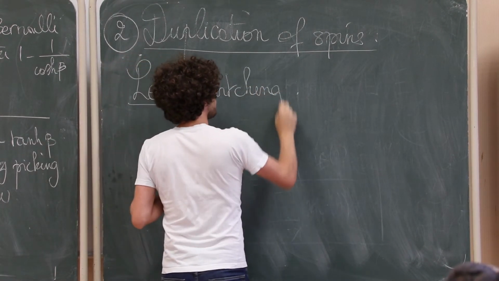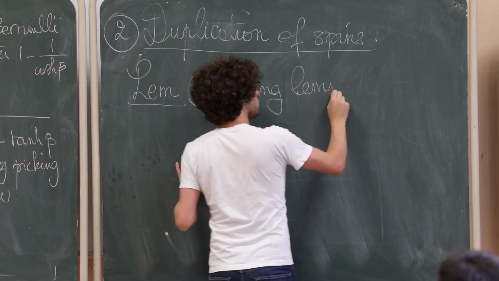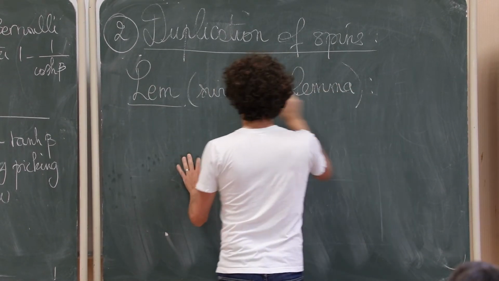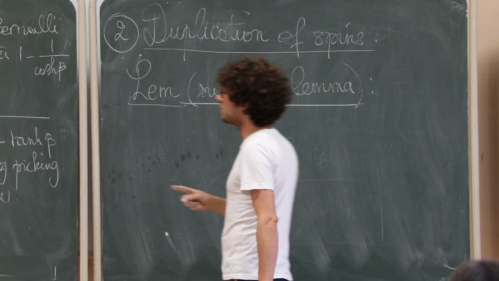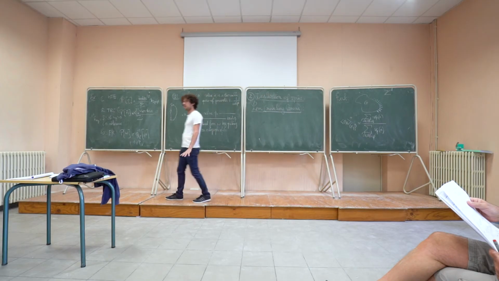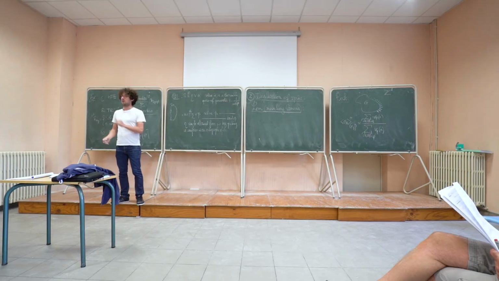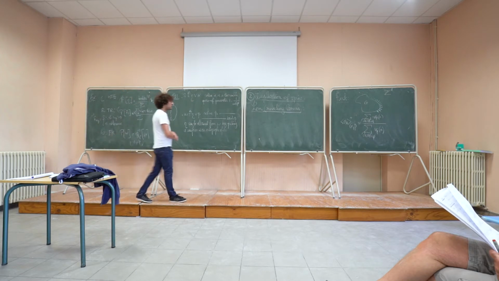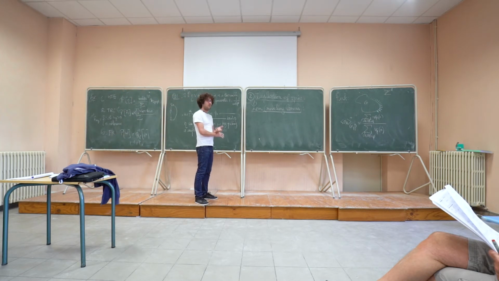So as I said, I'm not going to look at just one Ising model. I'm going to look at two of them. So in particular, if I expand both of them, I'm going to have two currents. And the switching lemma is a way of removing sources from one of the two currents to put it in the second one.